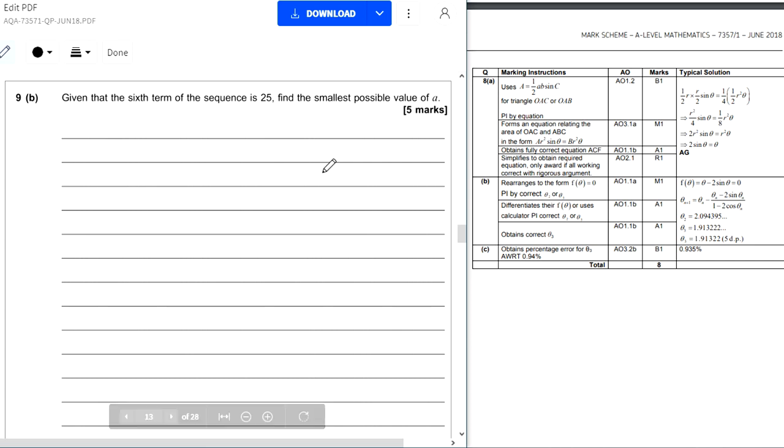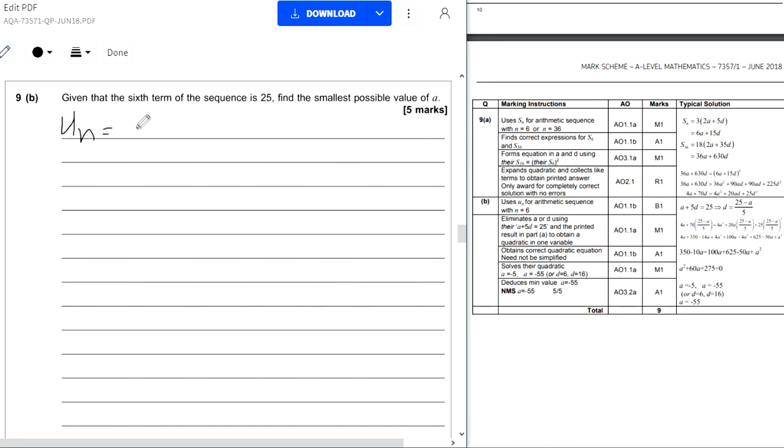Given that the 6th term of a sequence is 25, find the smallest possible value of a. The nth term is going to be a plus (n minus 1)d. And it's saying the 6th term is 25, so u6 equals 25, which is a plus 5d.